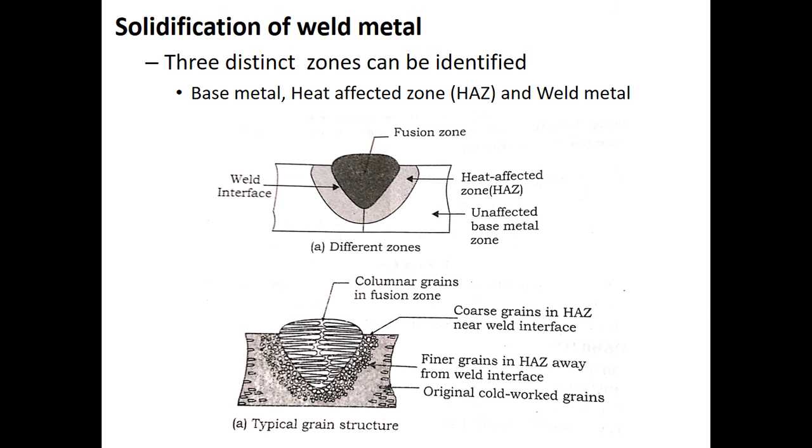The grains closer to the weld metal will grow into coarse and soft grains, which I have explained earlier, while those away from the weld metal recrystallize into fine equiaxed grains, which you have seen here. The grains in the fusion zone are columnar, whereas as it moves away from the fusion zone, it becomes finer and finer. So the heat affected zone is very important.